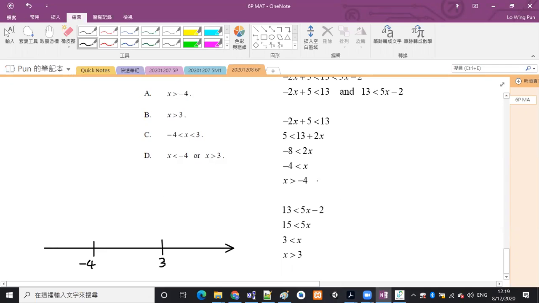And then for the first one, x larger than -4, we will draw a stem standing on this and then hollow circle and then pointing to the right and then shade.